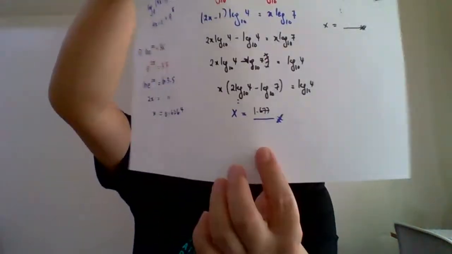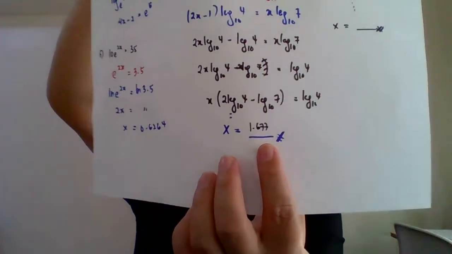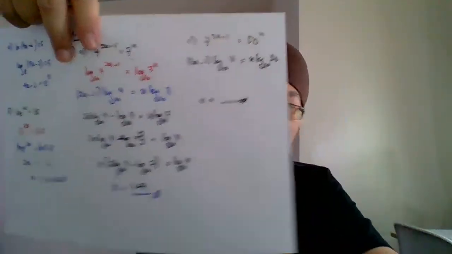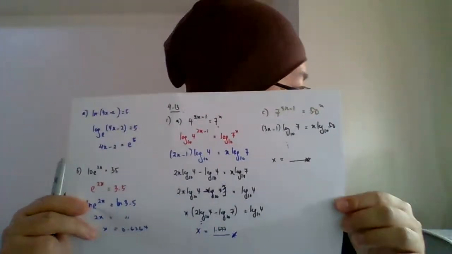What is the first answer here? Shuhan got the answer. Sandra also. Koshala, 1.677. So guys, the first answer here is 1.677. But for the second answer here, calculate for me and state the answer. That is your number 1.